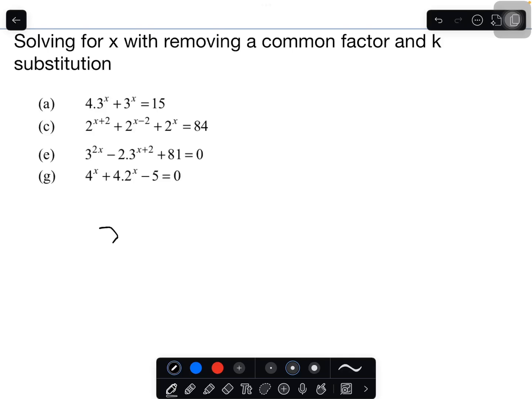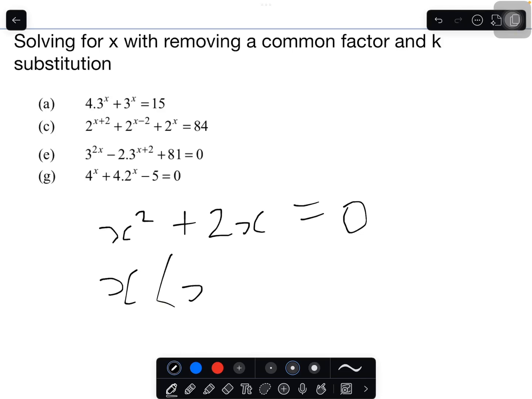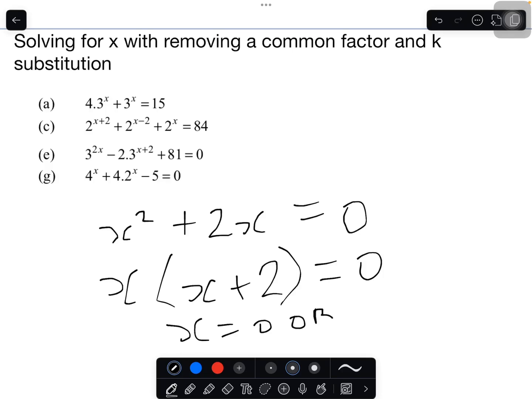So if I had x squared plus 2x equals 0, for example, I can see that there's an x here that is common, and I can remove that common factor, x into x plus 2 equals 0, and then I'll have x equal 0 or x equals negative 2. We're going to use that same kind of thinking.